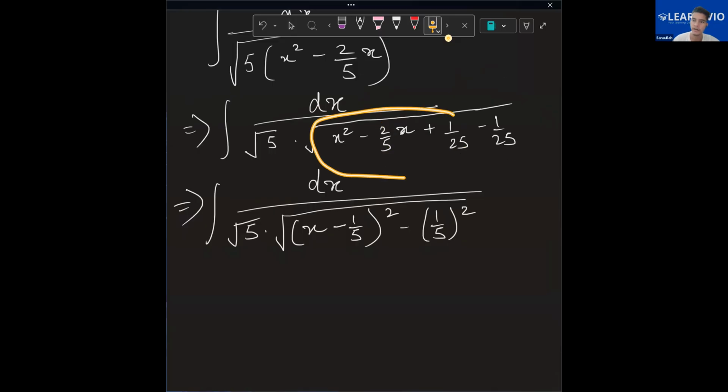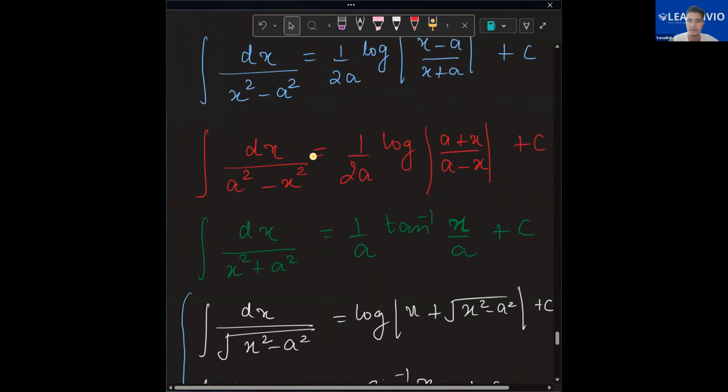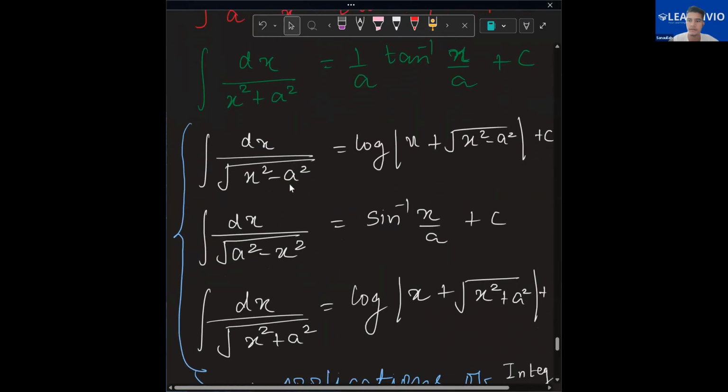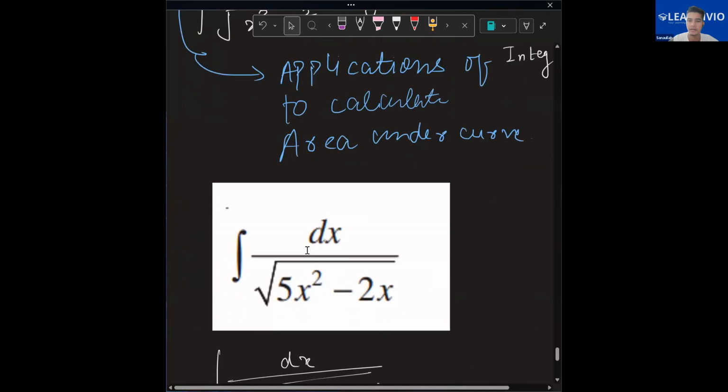Then combine: this gives you x minus 1 by 5 square and this gives you 1 upon 5 whole square. From there you can apply the x square minus a square formula and get the answer.